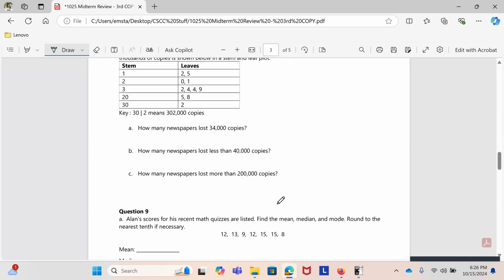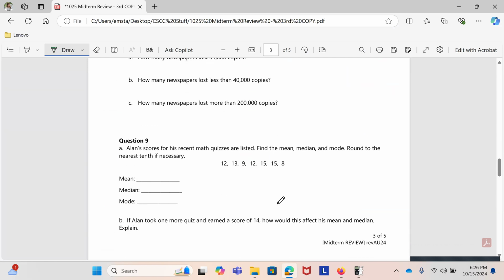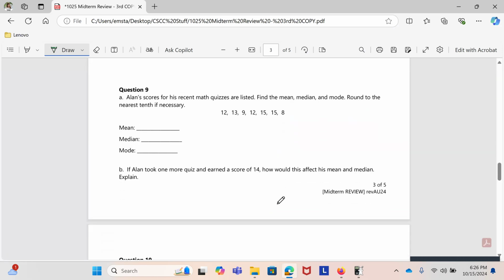That's 8. 9. I love 9. Mean, median, mode. Mean is what you're used to doing when you find the average. You add up the numbers, divide by how many there are. So we're going to do it this way, and then I'm going to show you how your calculator will do it. So I'm going to take 12 plus 13 plus 9 plus 12 plus 15 plus 15.